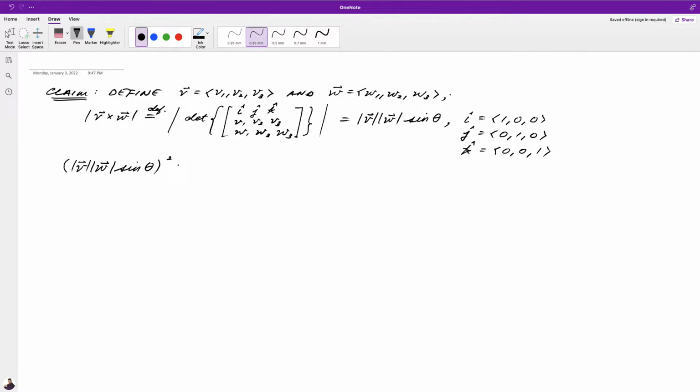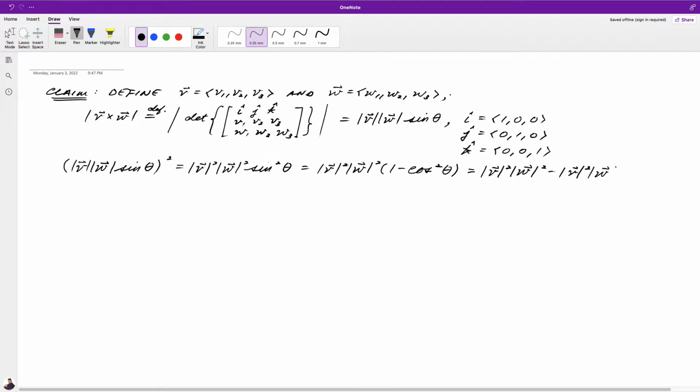Well, that of course is going to be the following, which of course is going to be equal to the following, which of course is going to be equal to the following, which of course is going to be equal to the following.